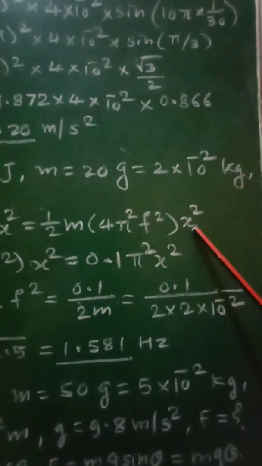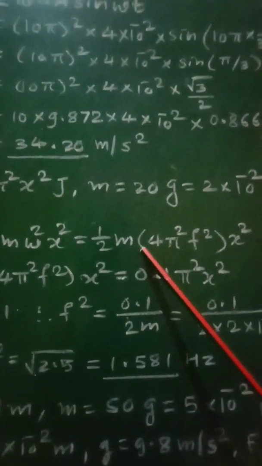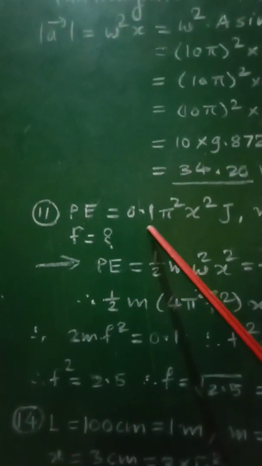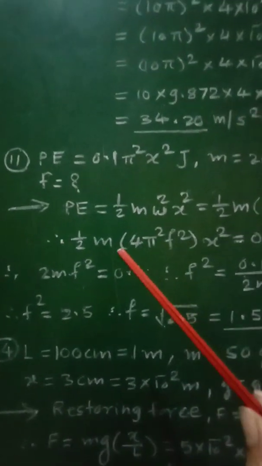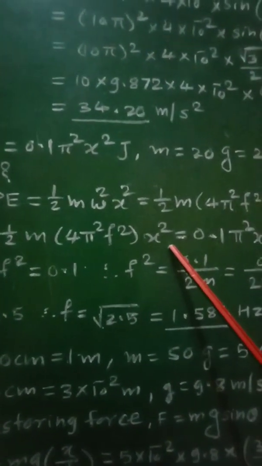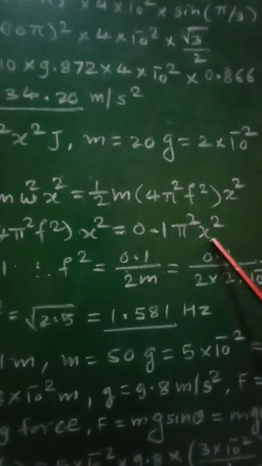Now, as potential energy equals half m into 4 pi square f square x square, but we are given that potential energy is 0.1 pi square x square, therefore half m 4 pi square f square x square must be equal to 0.1 pi square x square.